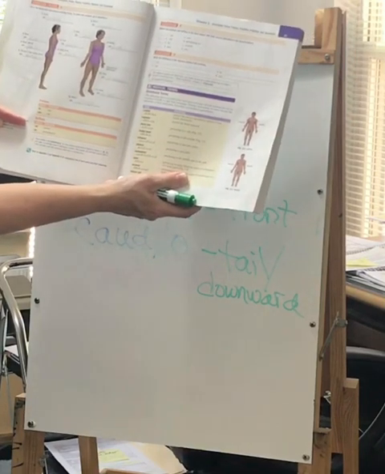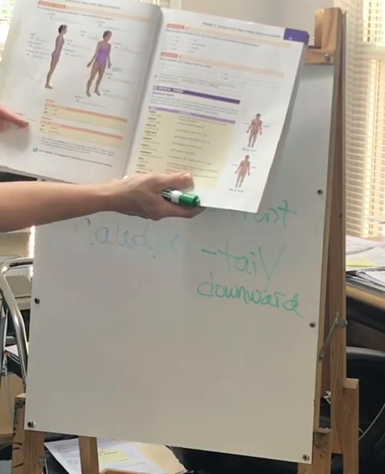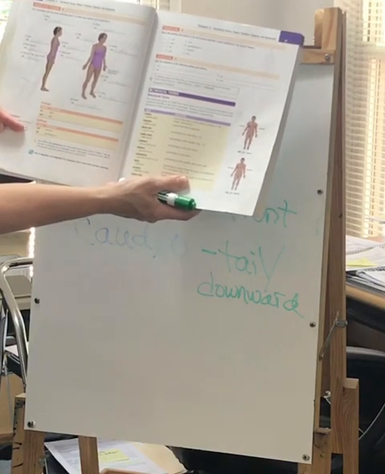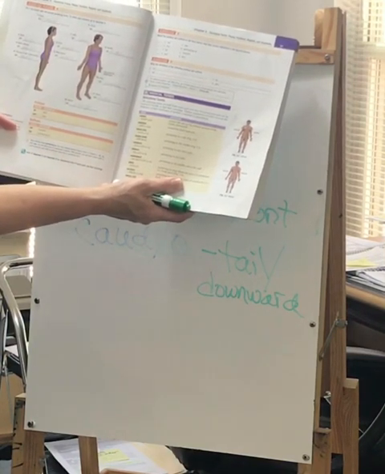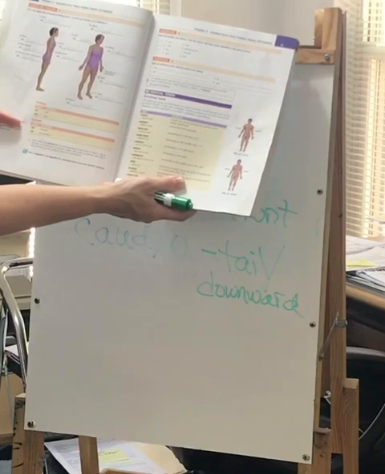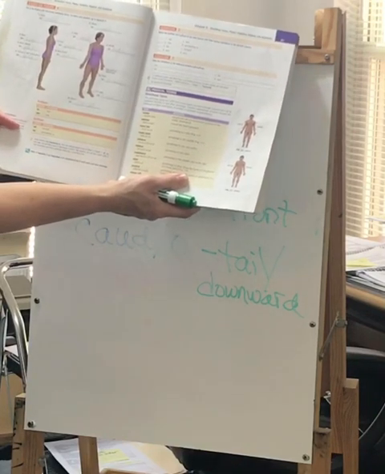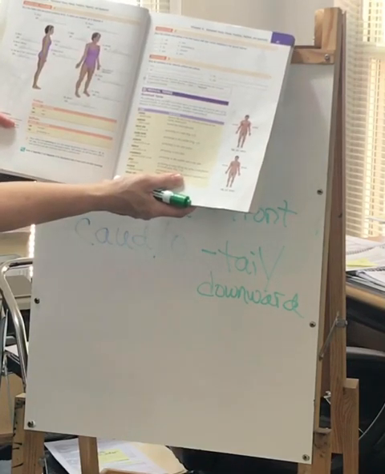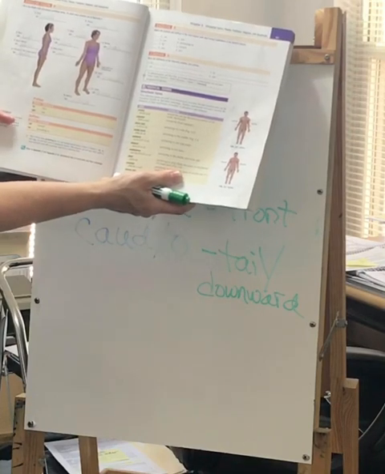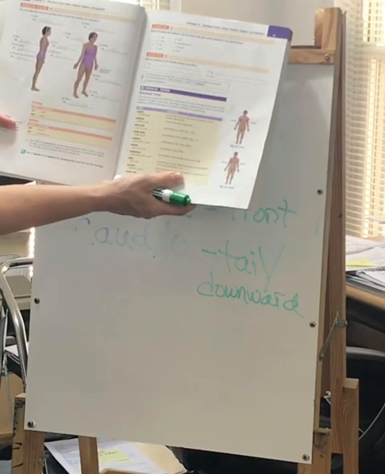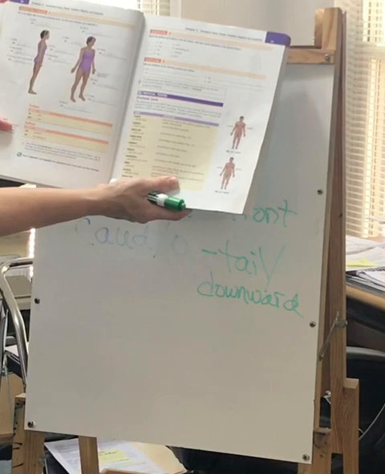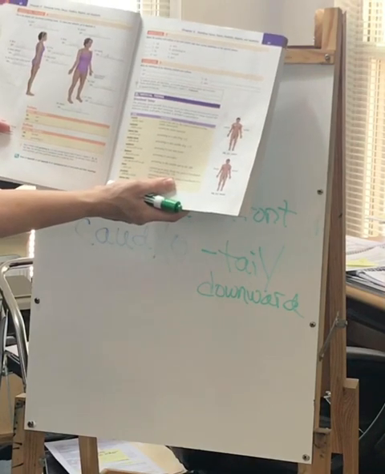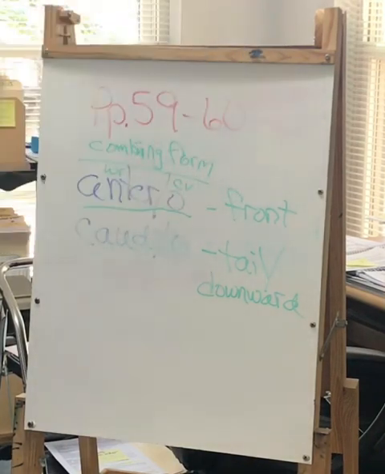You have 2 in this chapter, AD and IOR. You have to memorize not only what they mean, AD means toward, IOR means pertaining to, you have to memorize that they're both suffixes, so you know what part of the word you're talking about. All right? That's a lot of memorizing, I know, and it's going to get worse, so you have to start it now, okay?